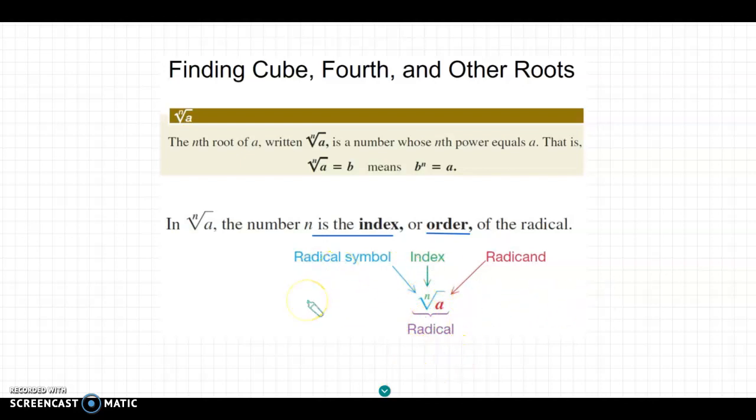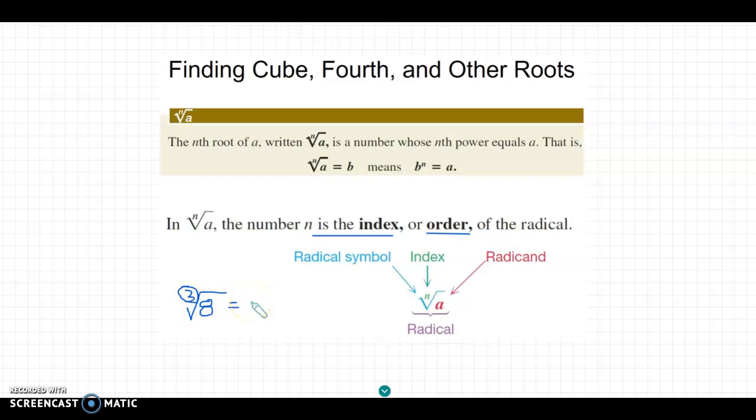Let's see some basic examples. For example, if we have the cubic root of 8, what does it mean? We need to find a number that multiplied by itself 3 times gives 8. What will that number be?